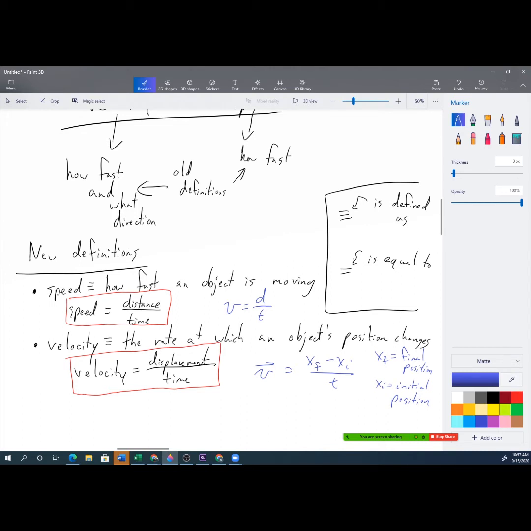And first thing I want to say is, why do you think I didn't use an S for speed? I used the V instead. It's mostly personal preference.